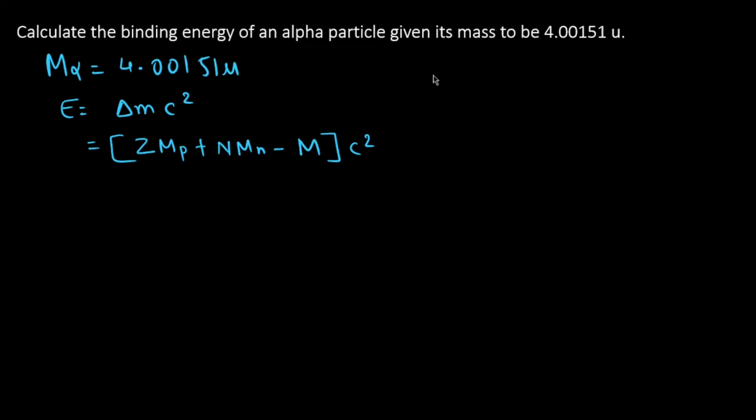Now the alpha particle is nothing but our helium nucleus without electrons, that is He 2 4.